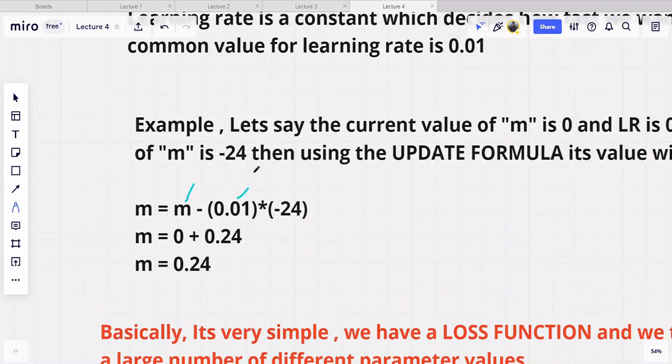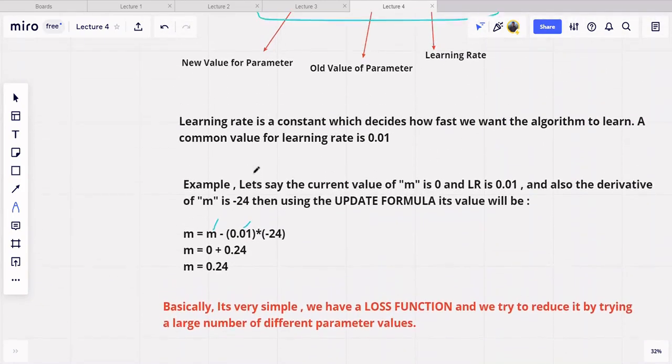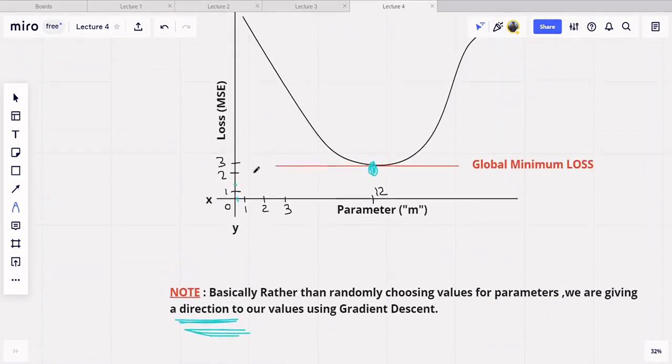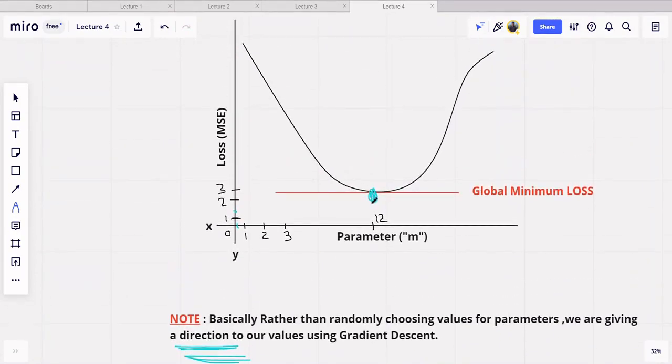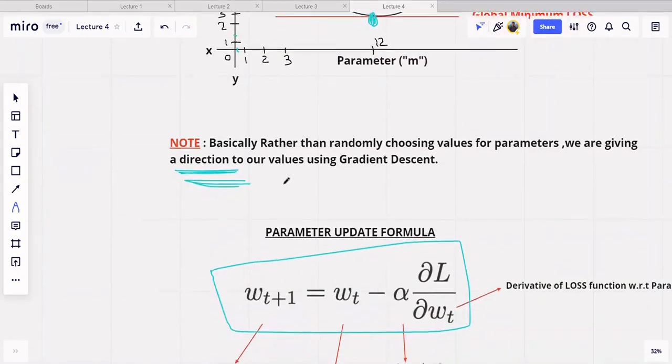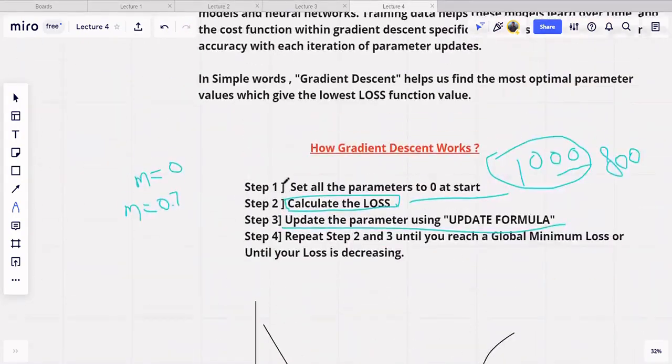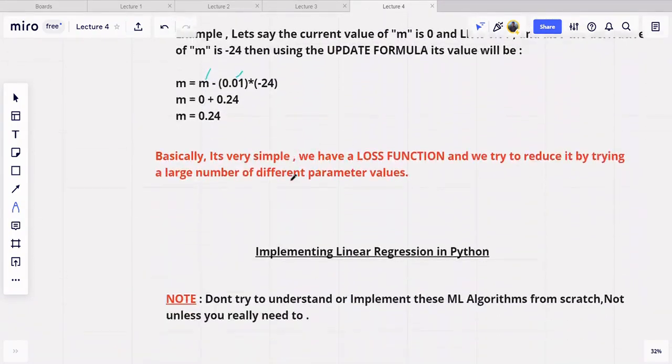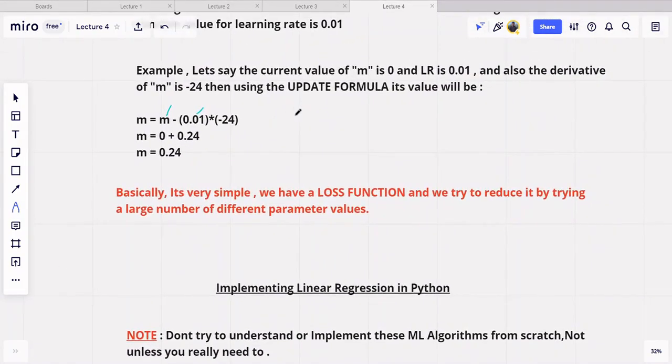Now again, we do this thing for thousands of iterations in order to get the most optimal value for m, which will give the lowest loss. Okay, so basically it's very simple. We have a loss function and we try to reduce it by trying a large number of different parameter values.